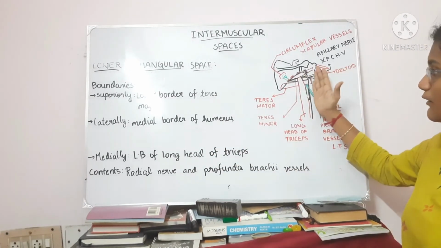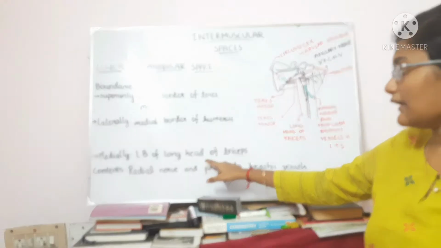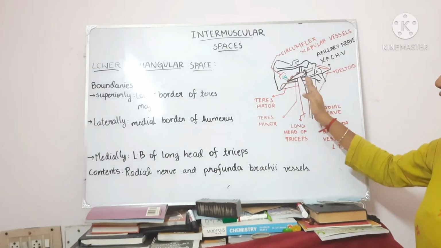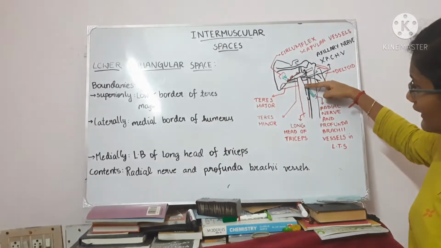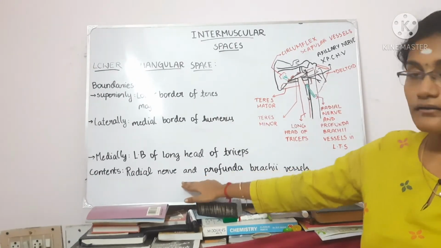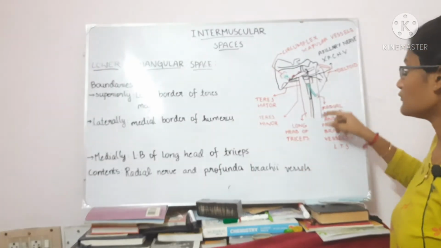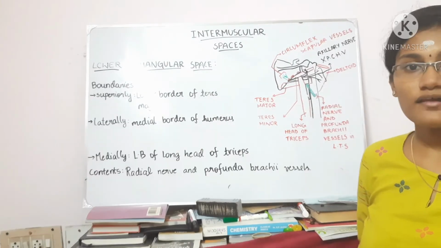Okay, so laterally it is bounded by the medial border of the humerus, and medially it is bounded by the lateral border of the long head of triceps. So this is the long head of triceps, this is the lateral part, this is the medial part. Okay, and through it the radial nerve and the profunda brachii vessels will pass through. They will pass through the spiral groove.